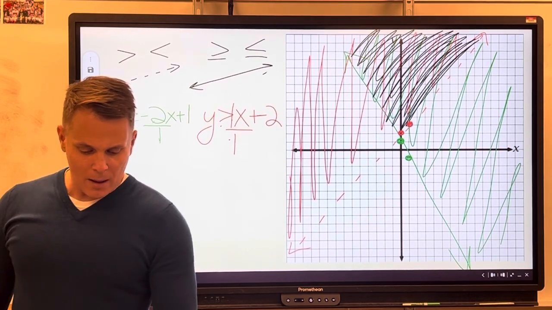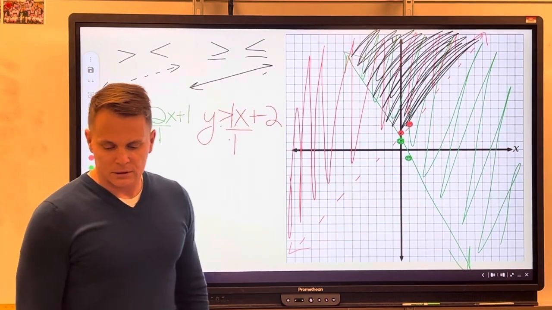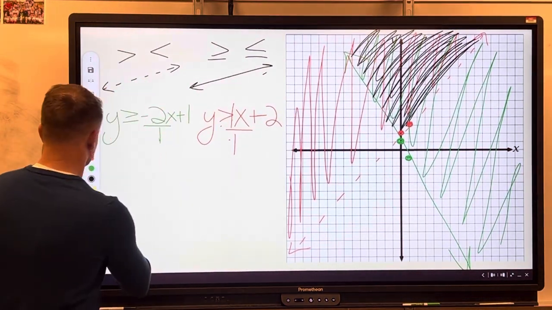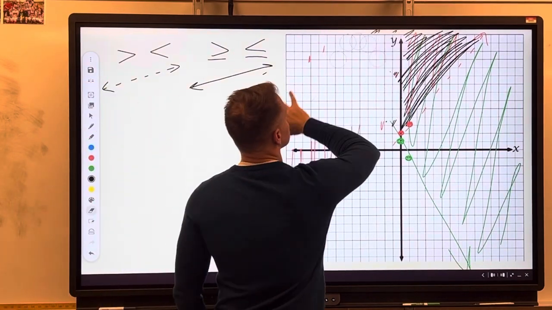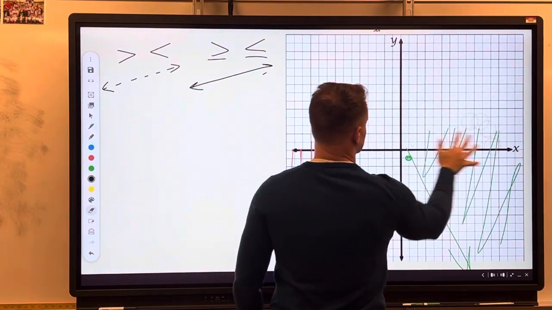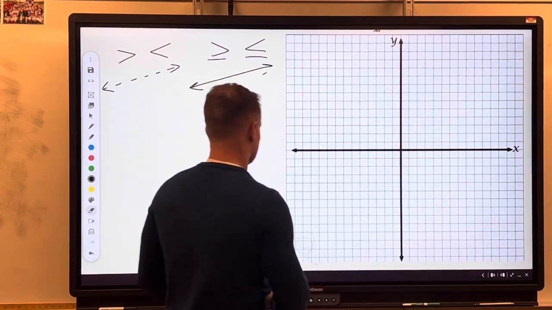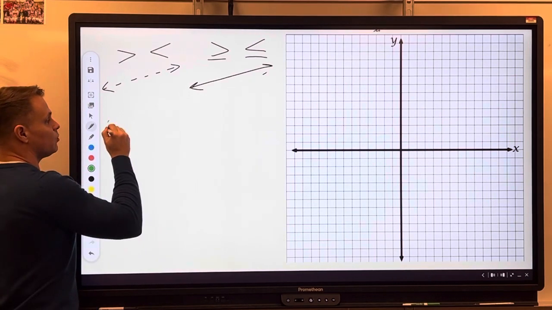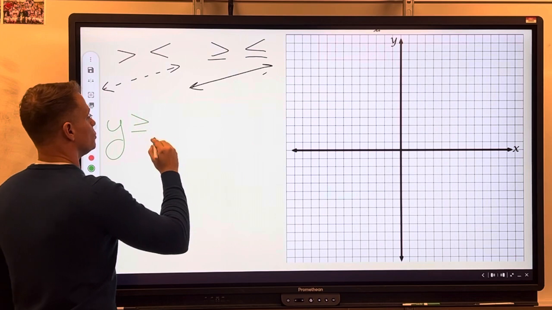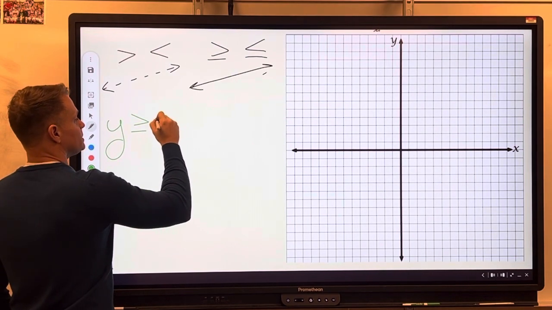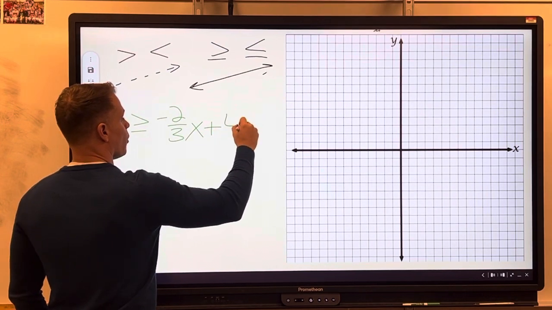Now, I'm going to have you guys try one, and I'm going to do it too. Let's see if we come up with the same answer. So our first inequality is going to look like this. Y is greater than or equal to, let's say, negative 2/3 x plus 4.